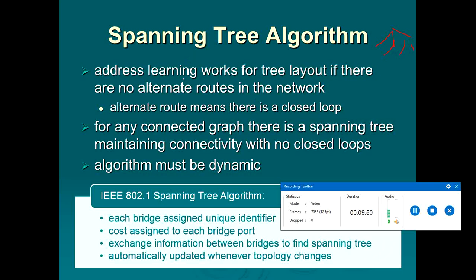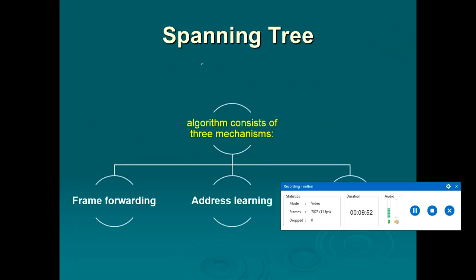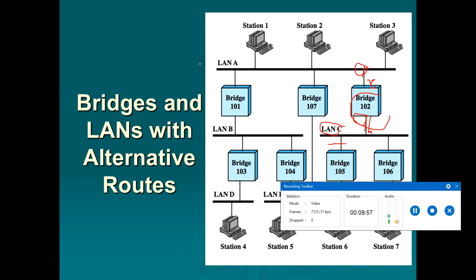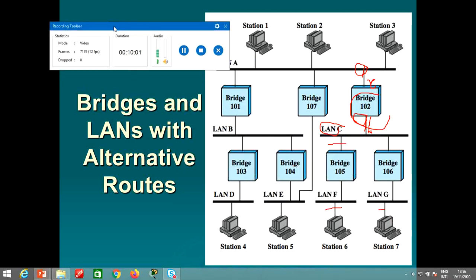Now for example, if I go back to my previous example over here, this is not a tree topology because there are alternate routes. That means there is a closed loop.